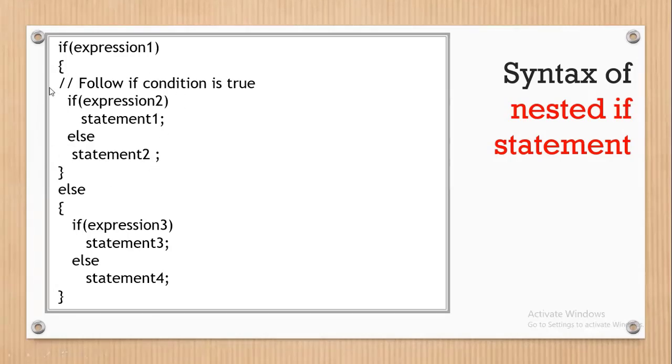But this happens only when expression 1 is true. Otherwise, it goes directly to the else part. It will check expression 3. If expression 3 is true, statement 3 will be executed, or else statement 4 will be executed. So this is the syntax of the nested if statement.